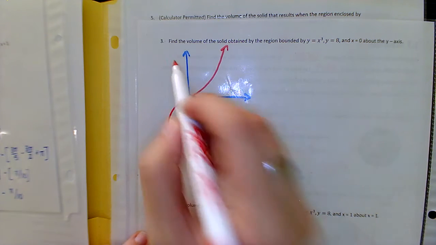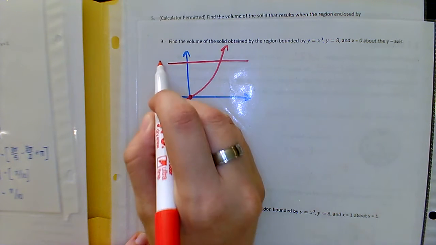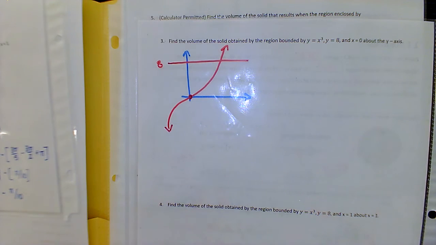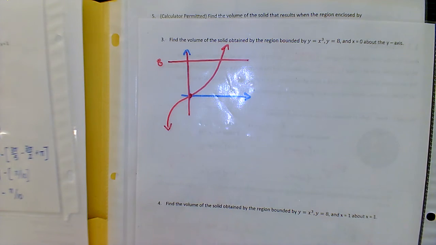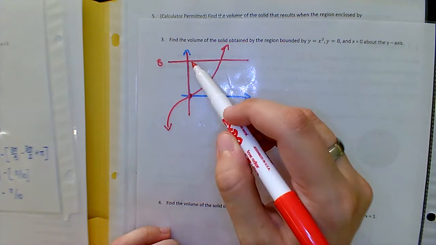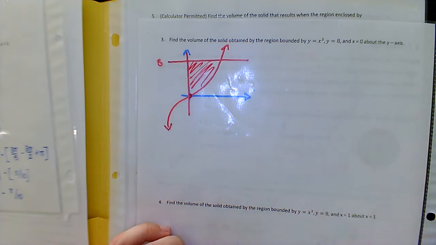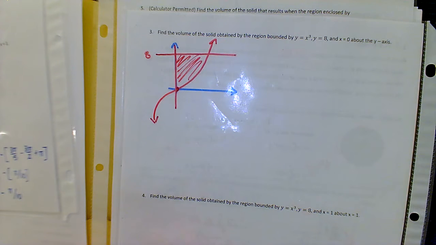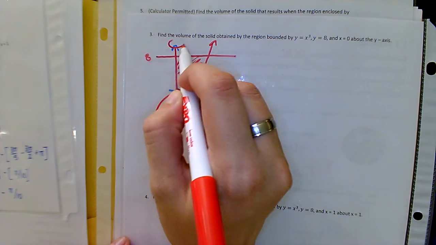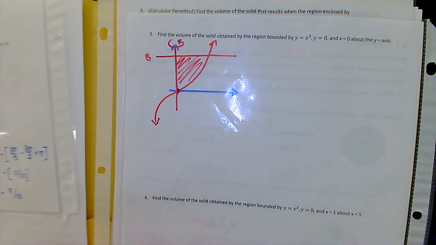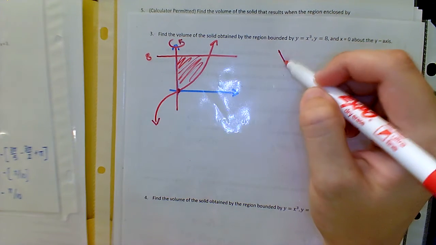We have y equals 8, so a horizontal line at 8. And then x equals 0 is another way to say the y-axis. So bounded by all of those, we're looking in there. And we're specifically rotating it around the y-axis this time, which is a vertical axis.